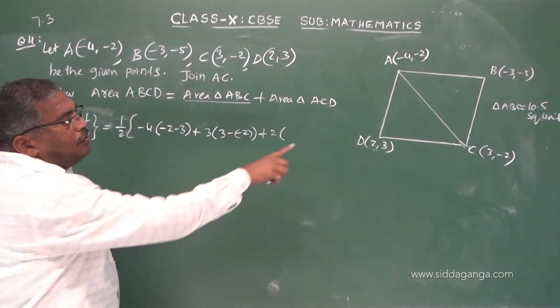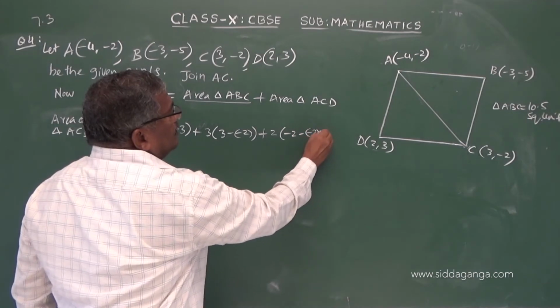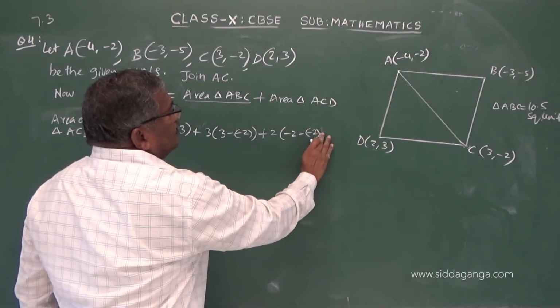So minus 2 minus of minus 2. So you can close it now.